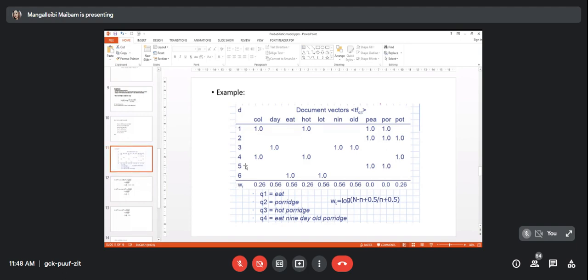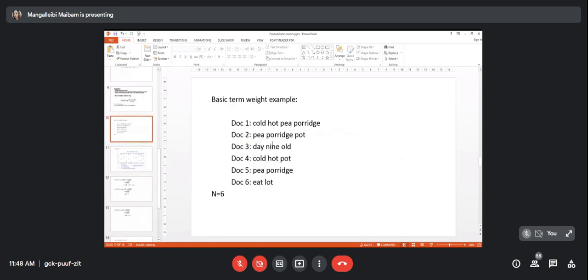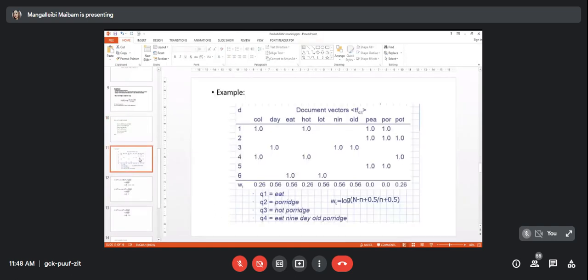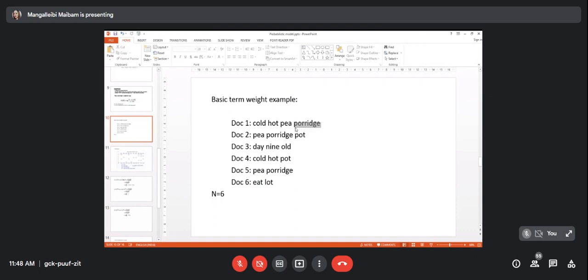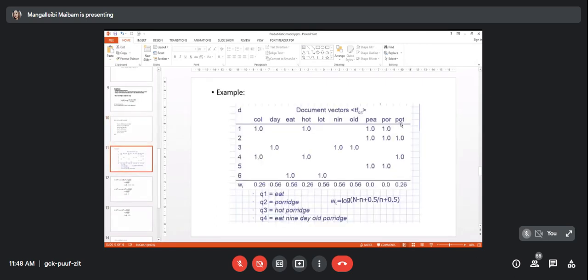I'm writing the document IDs here, 6 documents, 1, 2, 3, 4, 5, 6, and I have written all the terms here: cold, day, eat, hot, lot, nine, and pease, which is shortly written for porridge, along with pot. So I have 10 terms and I have 6 documents.